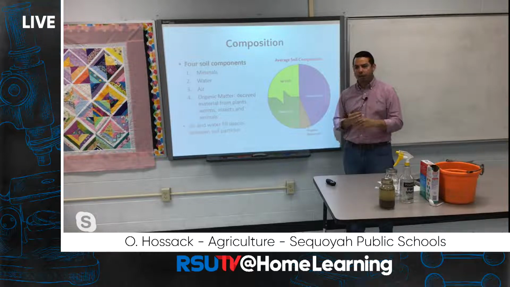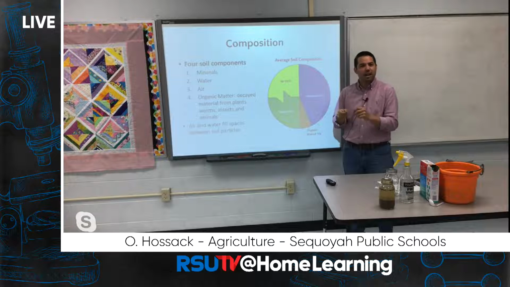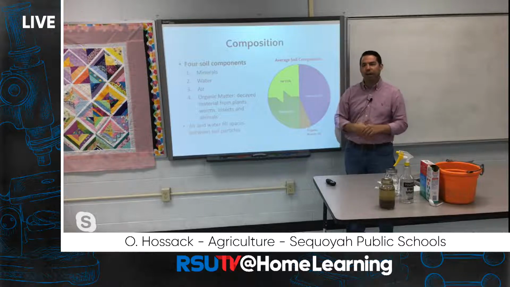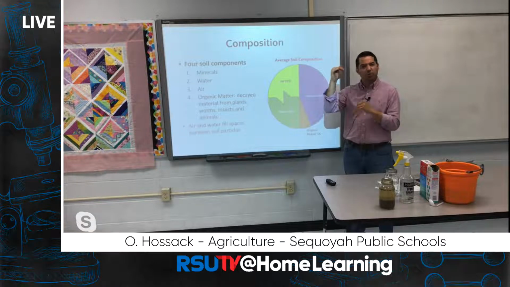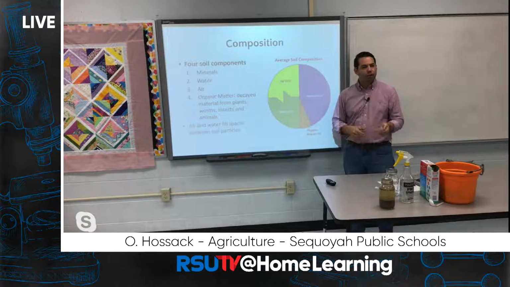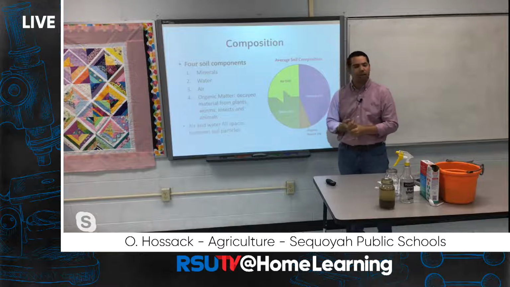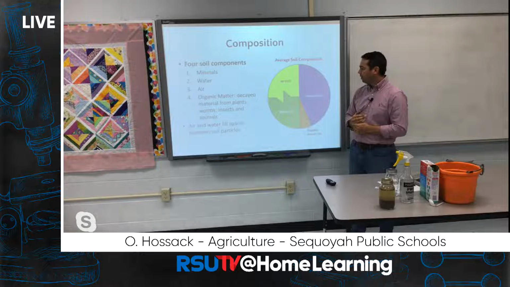Places like the Corn Belt, this eastern side of Oklahoma where we've had really lush, dense grassland for hundreds of thousands of years, as those plants decay, as animals decay, they all get added into the soil. So if you look at a soil that is really black, and that black layer is really deep, that's going to be higher in organic matter than just play sand in a sandbox. So those are the 4 different components.